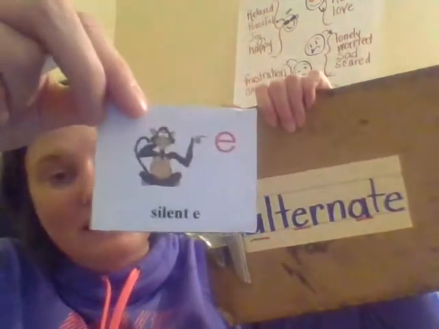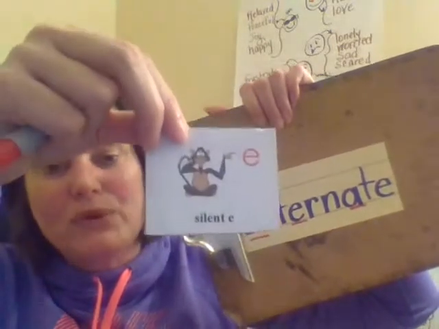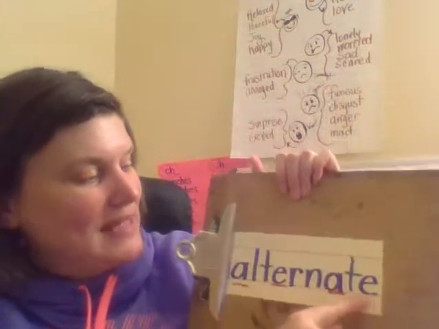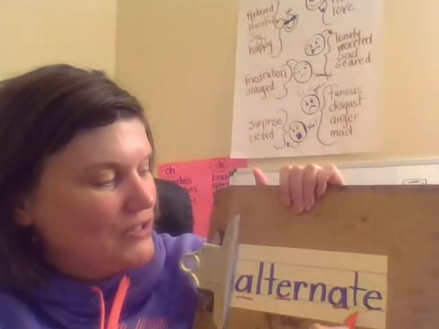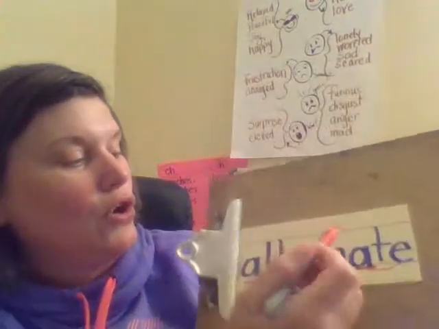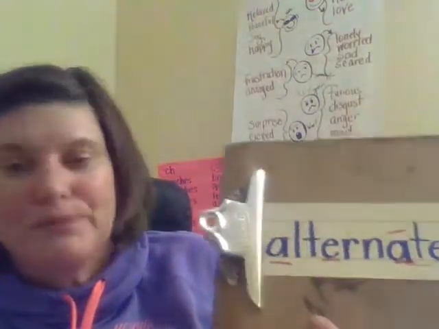So when you see the E at the very end, most of the time it's going to be the silent E. And that's the case here. This E is actually kind of partnering up with this vowel, so it will make a long vowel sound.